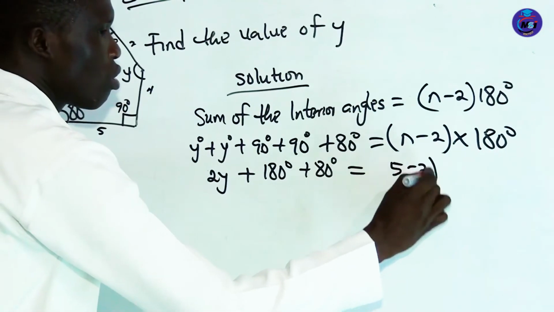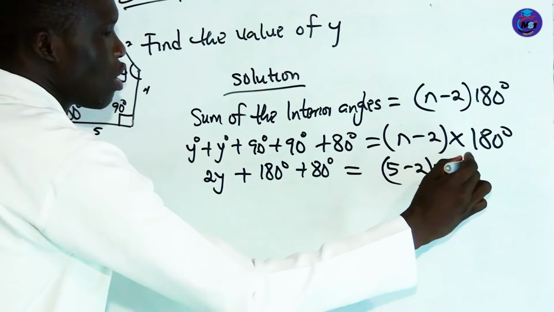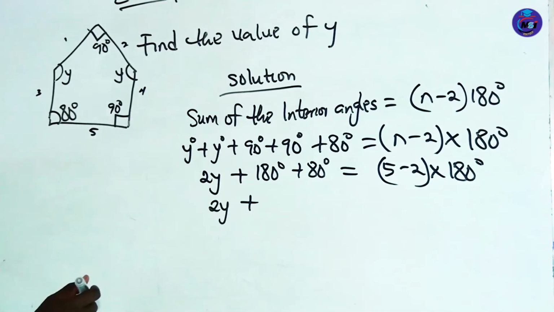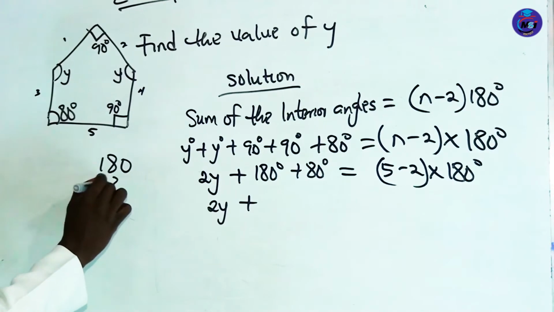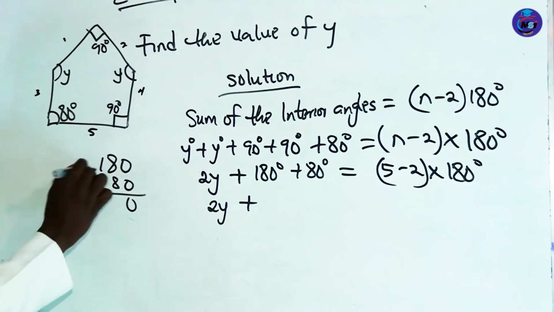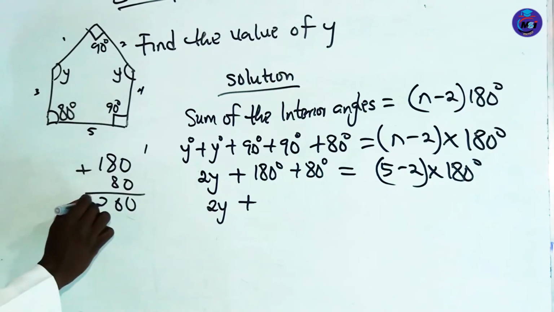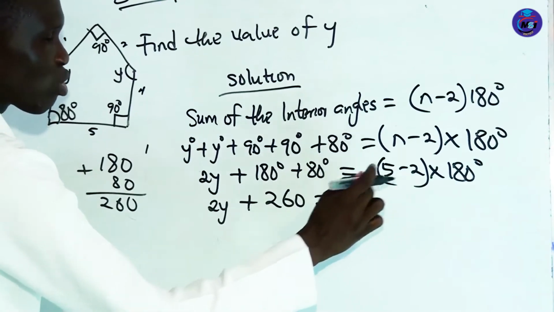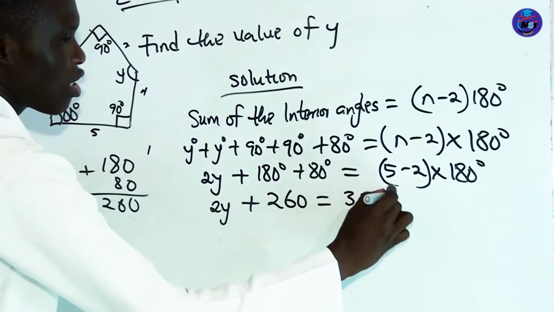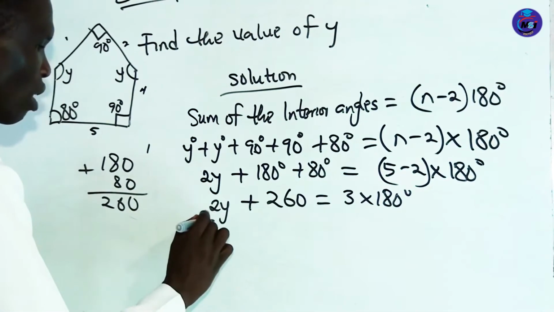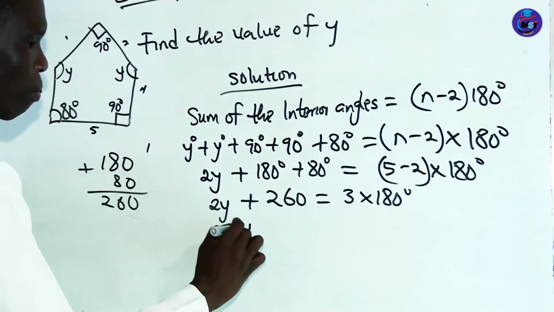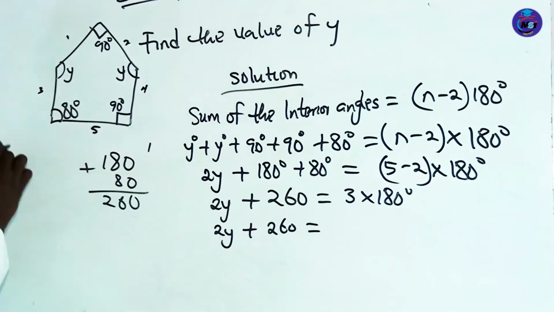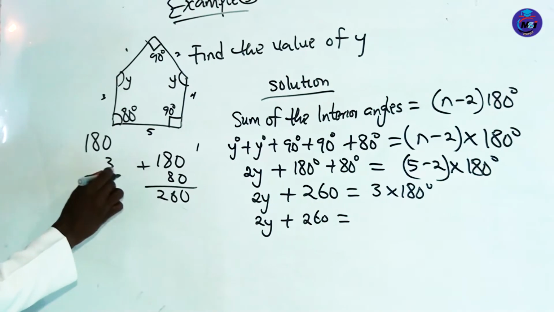So (5 minus 2) times 180 degrees. 2y plus 180 plus 80. 180 plus 80 is 260, equals 5 minus 2, which gives us 3, 3 times 180 degrees. Okay, this will give us 2y plus 260 equals 180 multiplied by 3.